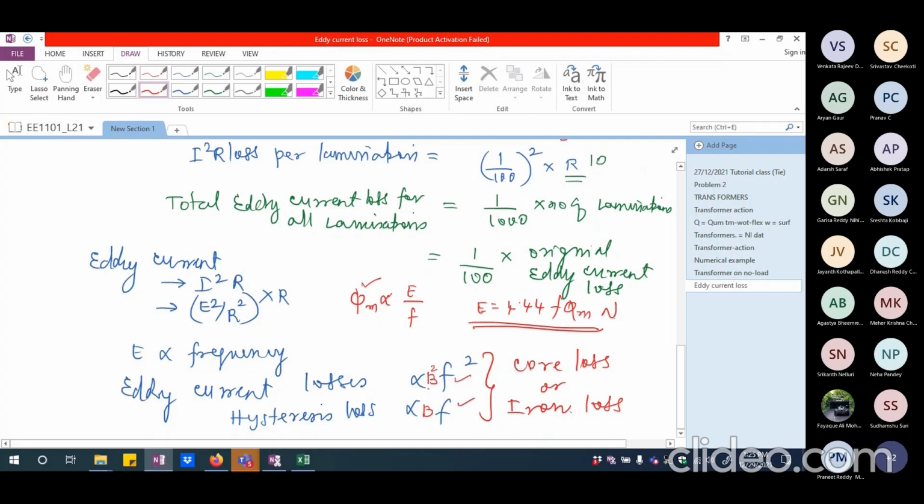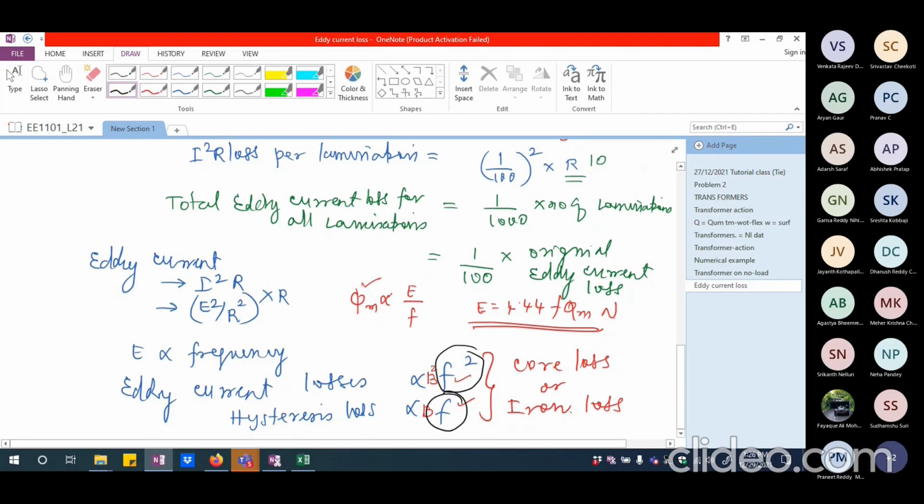As long as the flux is kept as a constant, the frequency is going to decide really whether the eddy current losses are low or high, even if you laminate the core. The same way hysteresis loss will also be dependent upon the frequency. So one is dependent upon frequency square, the other one is dependent upon frequency itself.